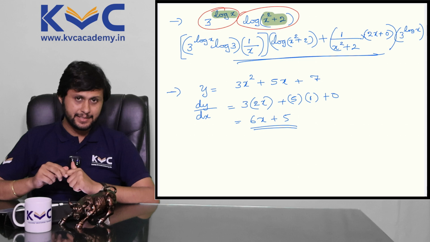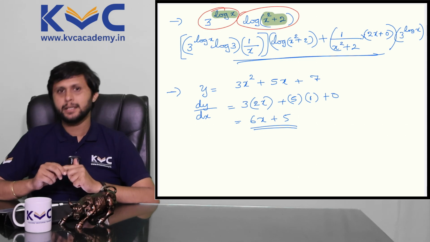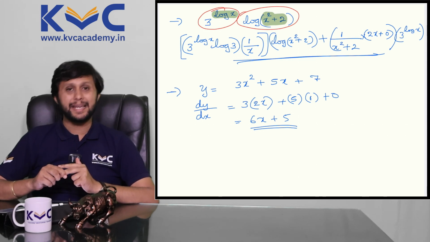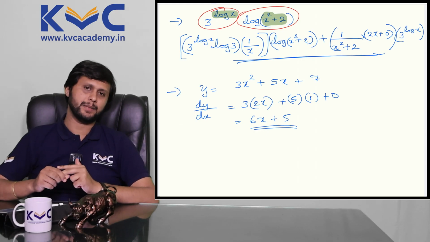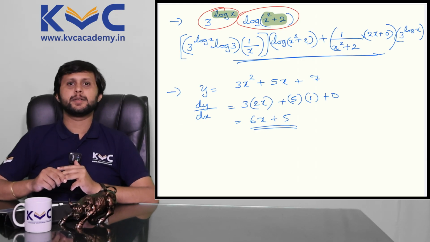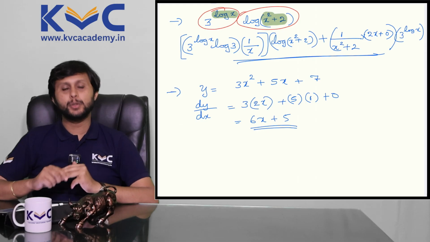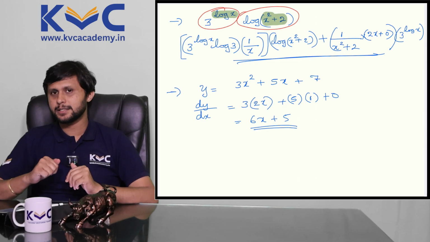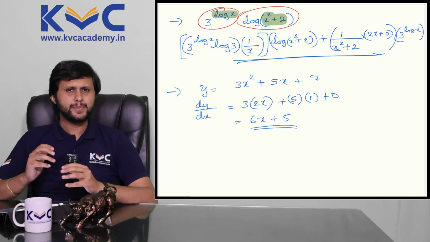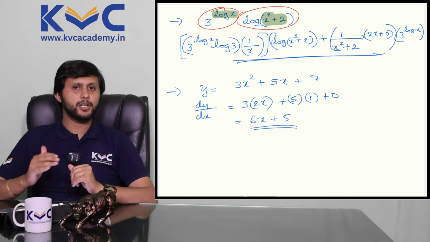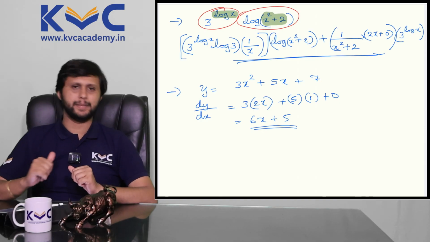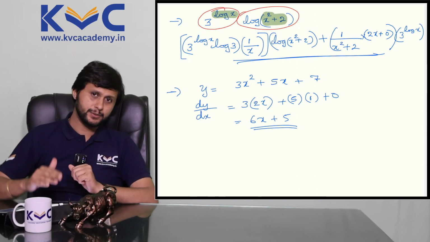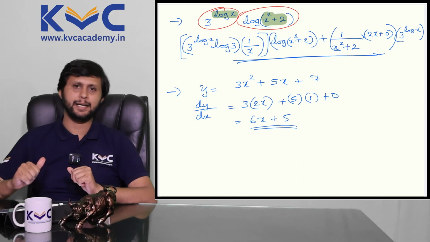Differentiation of x is equal to 1. Differentiation of 1 by x is equal to minus 1 by x squared. Differentiation of root x, 1 by 2 root x. Differentiation of e to the power x is e to the power x. Differentiation of a to the power x is a to the power x log a to the base e. Differentiation of log x is 1 by x.